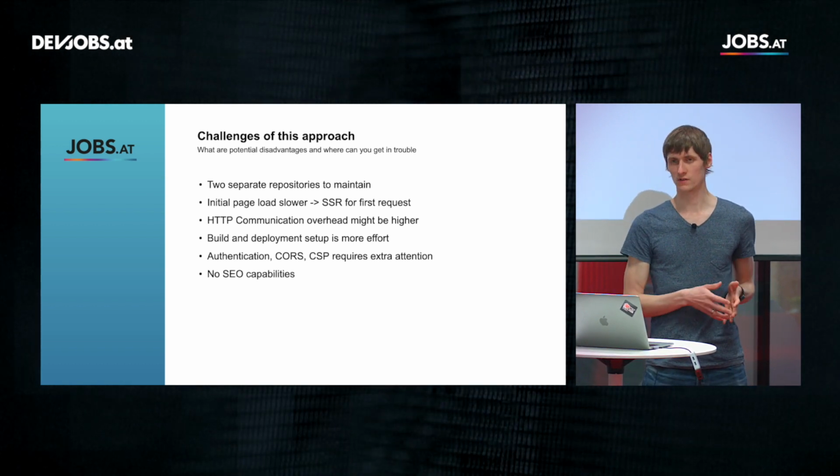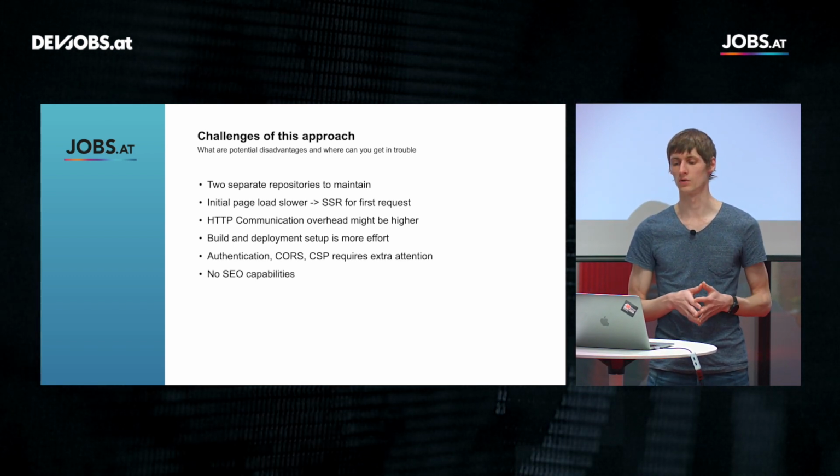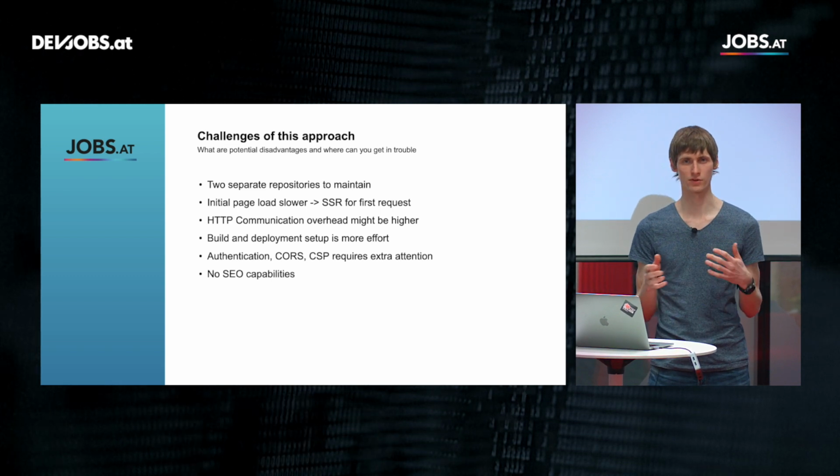Then you have hosted it probably under a different subdomain, so you need to consider CORS and content security policy, that everything works there correctly. So there are some little things you have to take care of when setting up your API. And this might be more effort than just having your monorepo, more or less, with the full website.